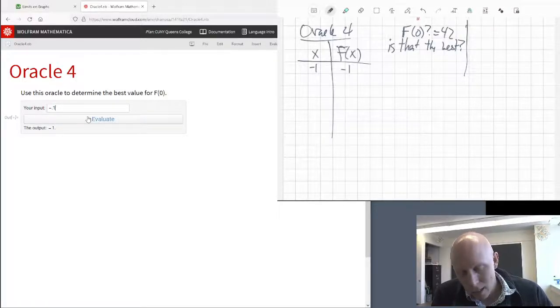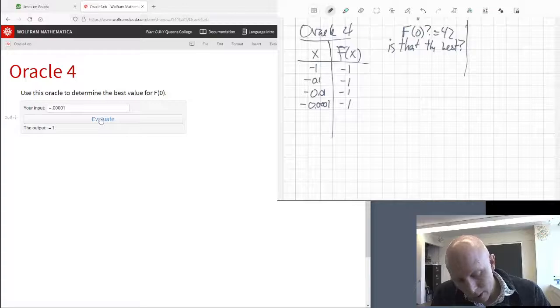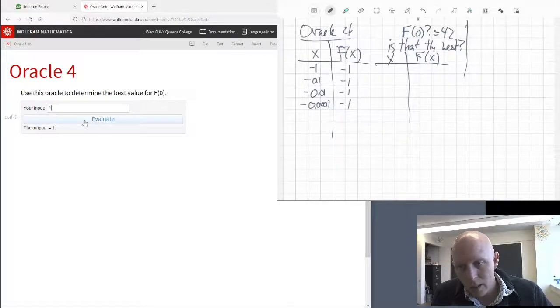-0.1 gives us -1. -0.01 also gives us -1. What about -0.0001? Also gives us -1. Maybe the function value is -1. Now let's look at what happens on the other side. What happens if we plug in +1? That's giving us +1. What about 0.1?